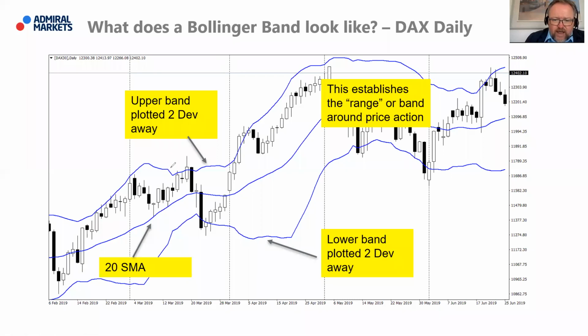We have here a simple 20 period moving average. And we have an upper band here, the blue upper band, which is plotted 2 deviations to the north side, and then a lower band here plotted 2 deviations to the south side. And this is what creates the Bollinger Band.